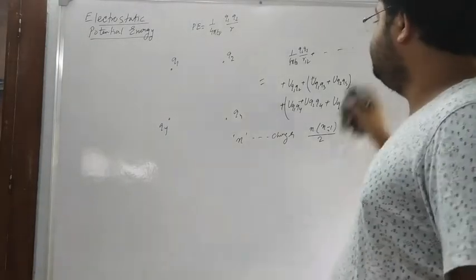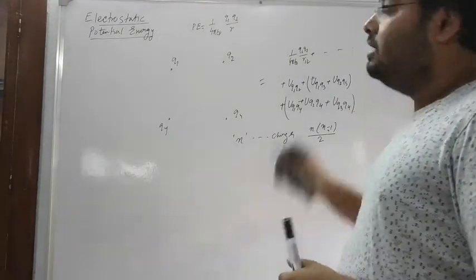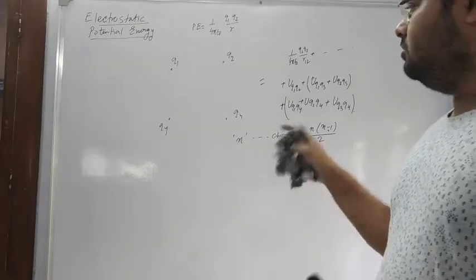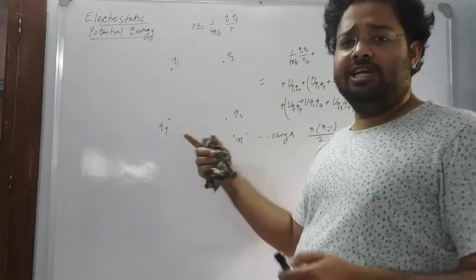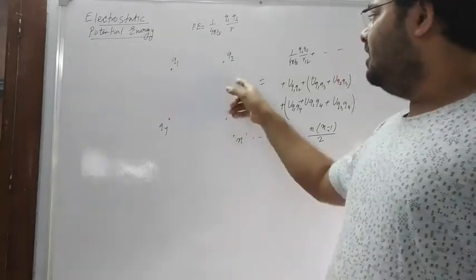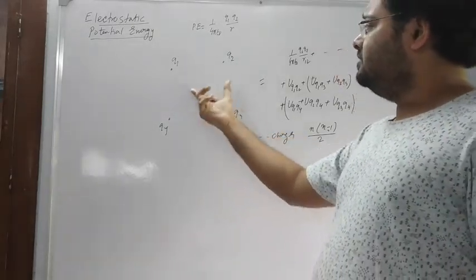Now I am not going to do all those petty problems like there are 4 charges, what is the potential energy of the system? You can calculate that. You calculate the respective distances.